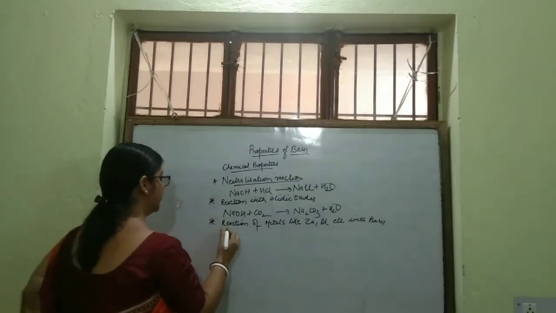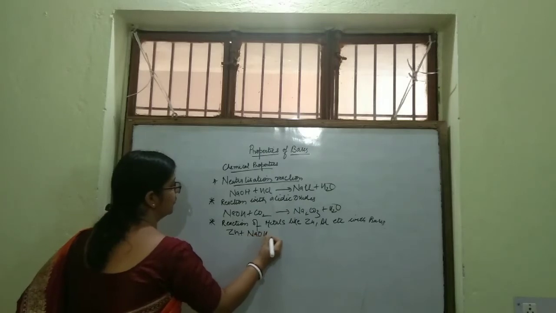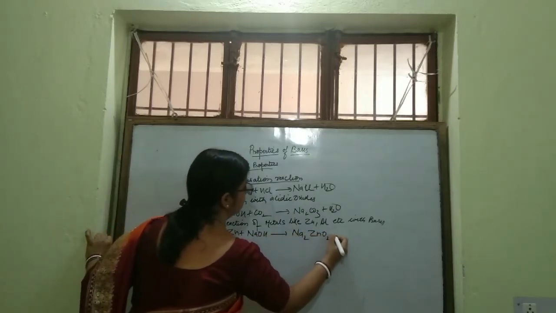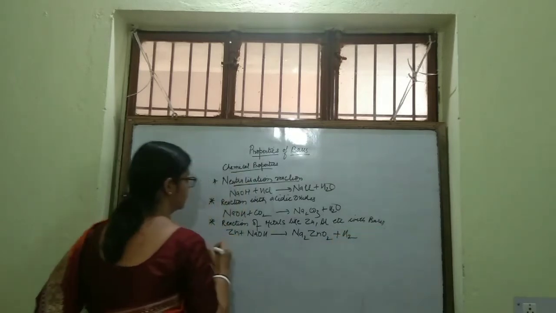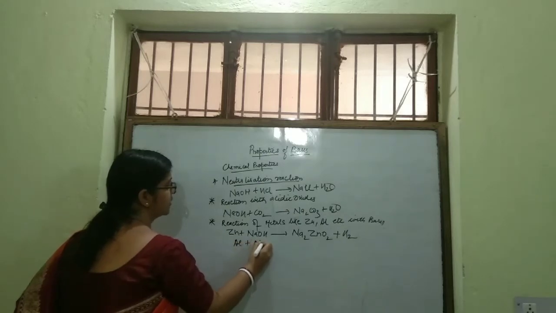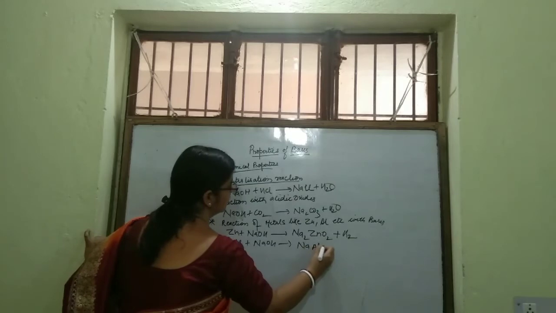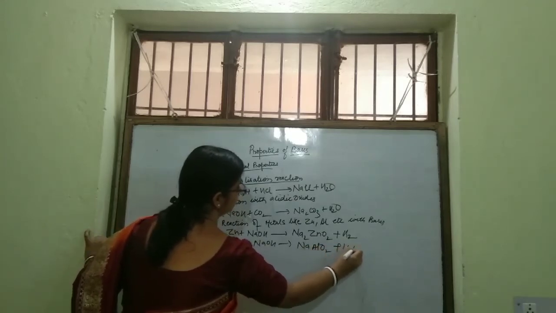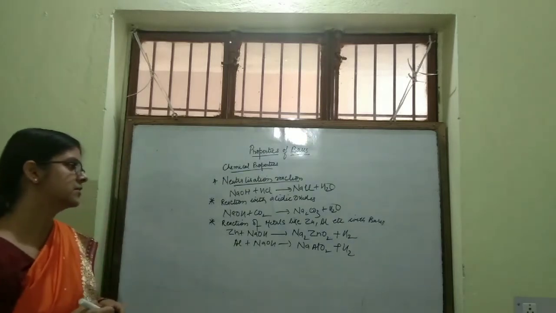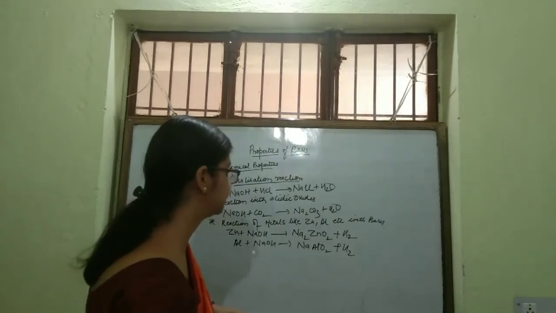So here we will study zinc plus NaOH. What will it form? Na2ZnO2 plus H2. Again, we can write Al plus NaOH. What will it give? NaAlO2 plus H2. So these are some of the chemical properties of bases.